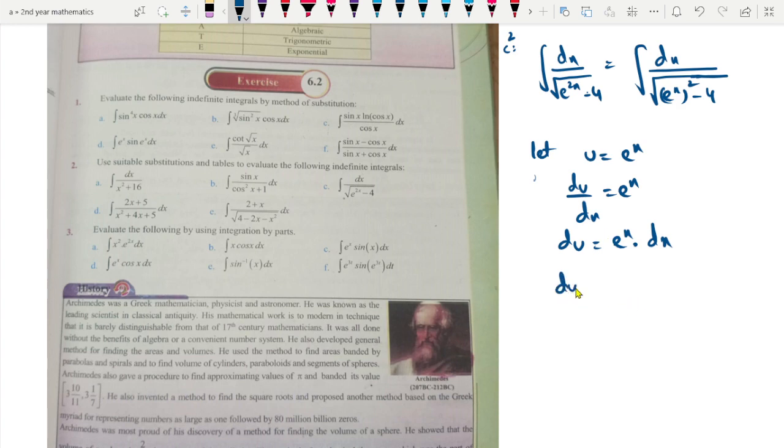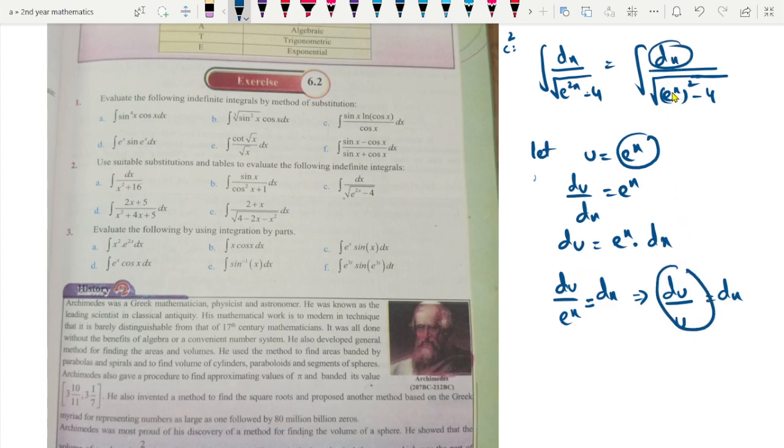So this will become du divided by e power x. We know that e power x is equal to u, which implies that du divided by u is equal to dx. So at the place of dx, I can write du divided by u, and at the place of e power x, I can write u. So this will become integral of du divided by u under root u square minus 2 square.